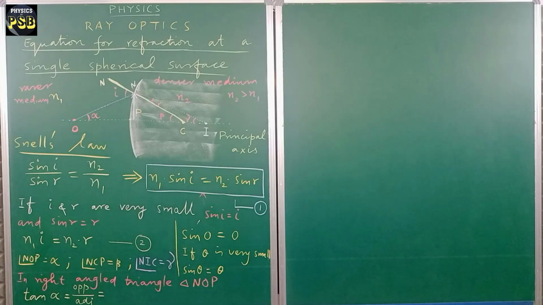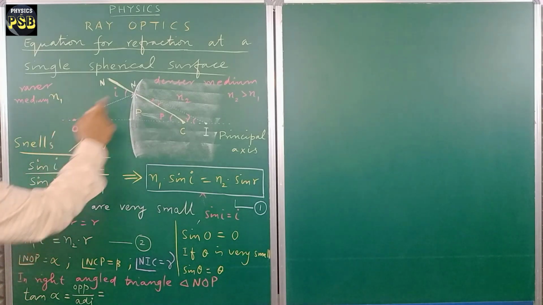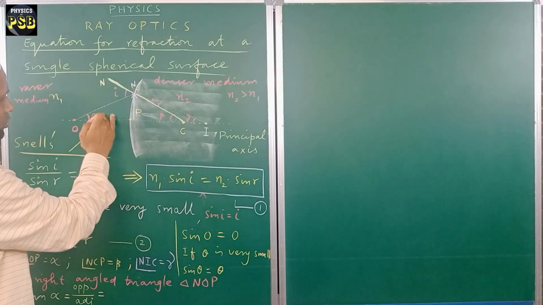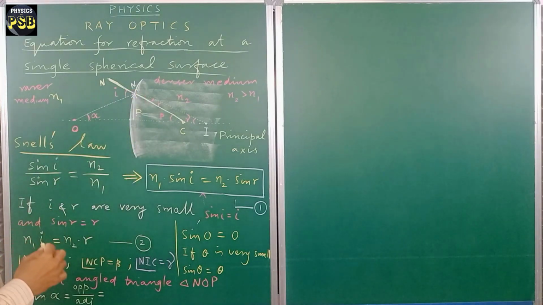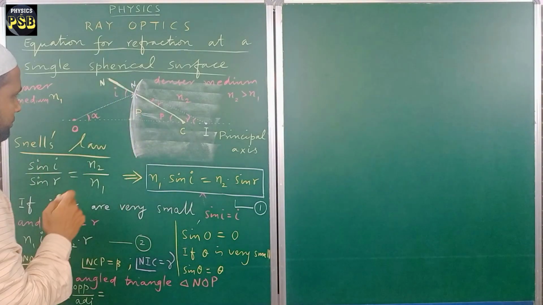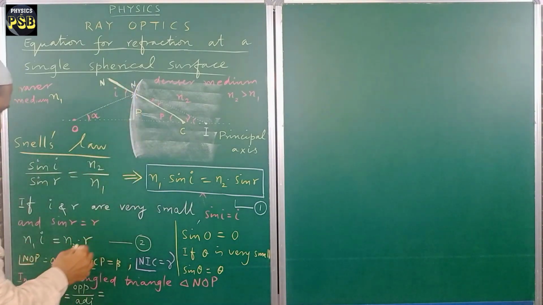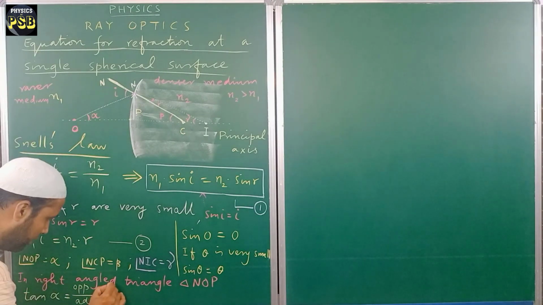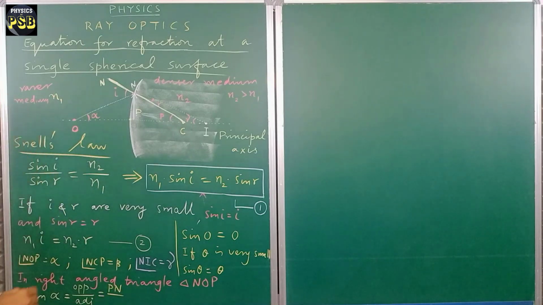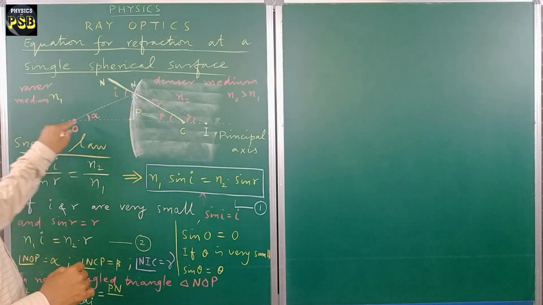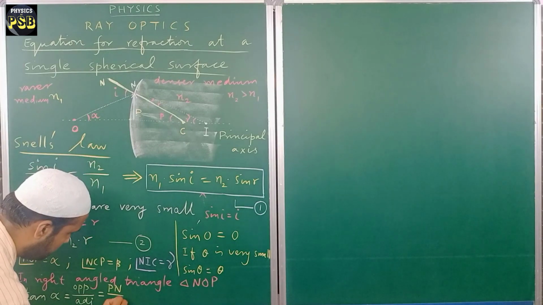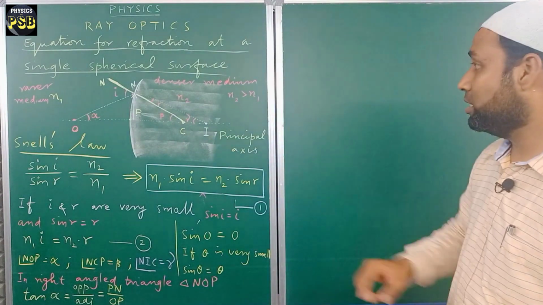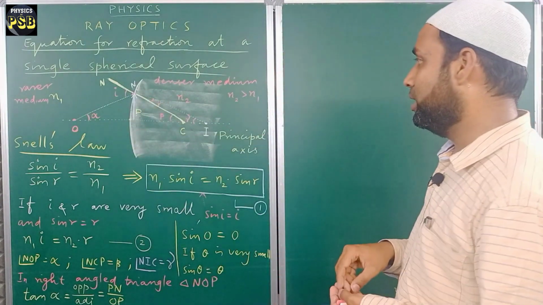What is the opposite here in this case? The side which is just opposite to the angle is referred to as the opposite side. That is nothing but PN. So PN is the opposite side, and the adjacent side is OP.